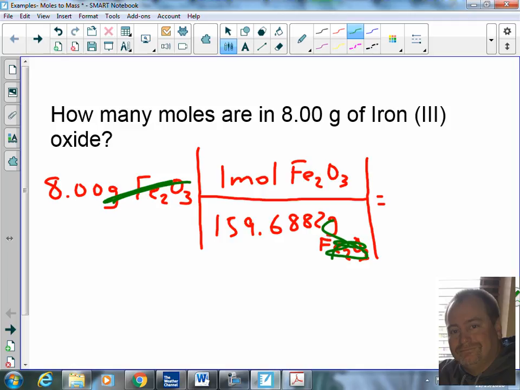So, as I look at my value, I'm going to have 0.05. And what's my label going to be? Mole of Fe2O3.